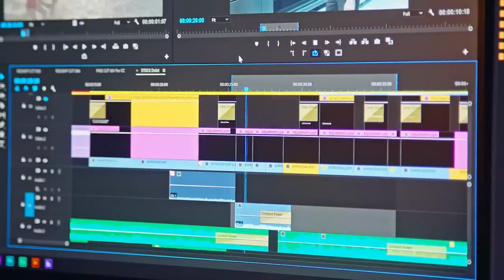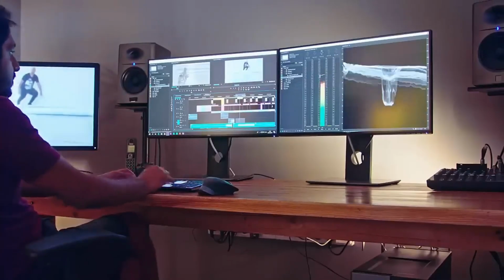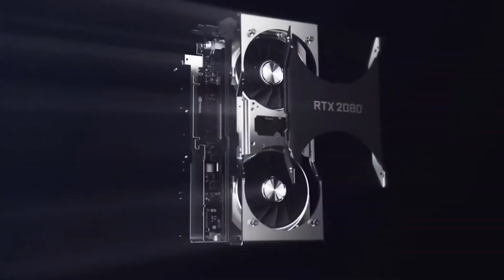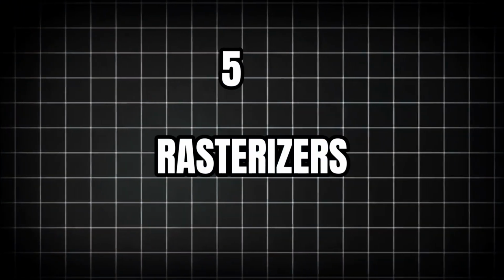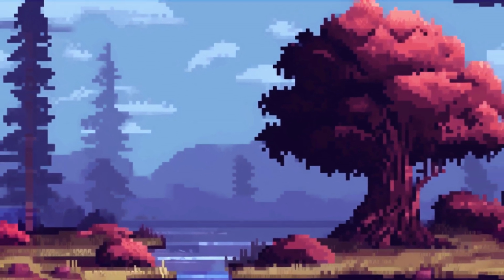Shaders are incredibly powerful and flexible, allowing developers to create complex visual effects by writing custom programs that run on the GPU.